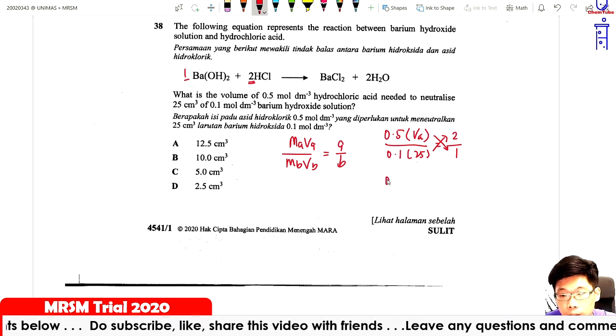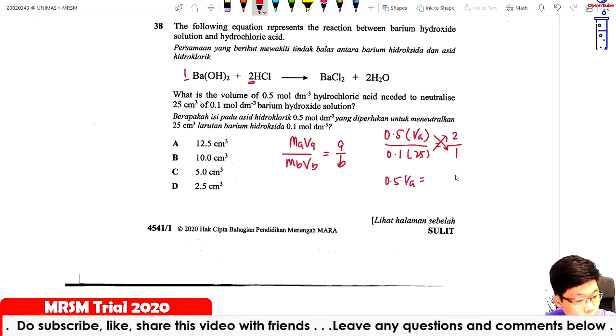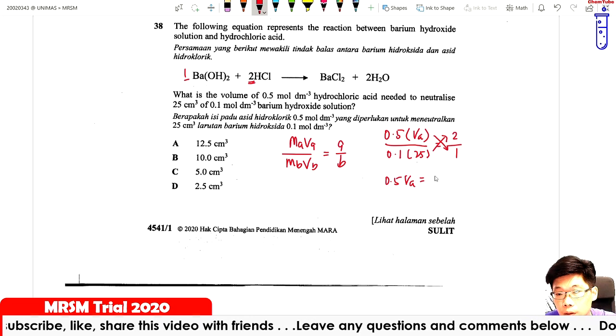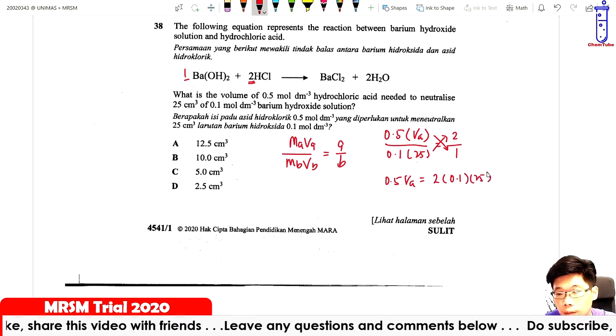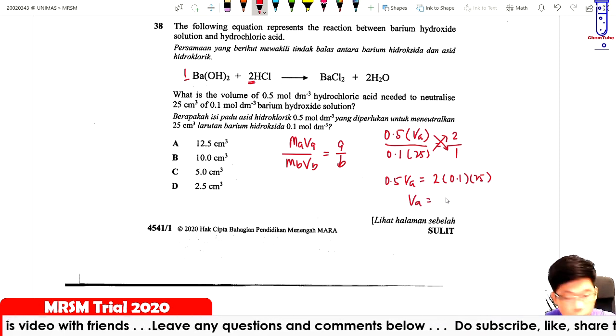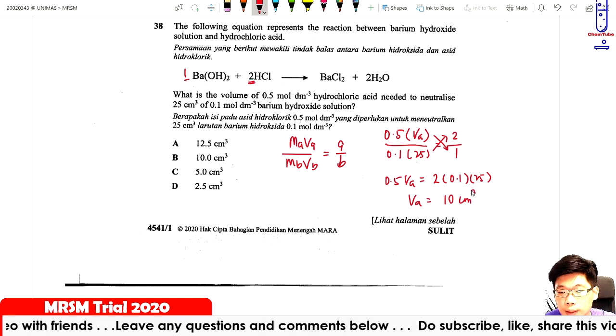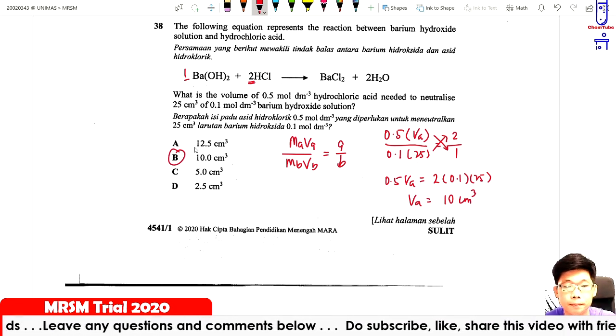So 0.5 VA equals 2 times 0.1 times 25. So we can calculate VA equals 10 cubic centimeter. B is the answer.